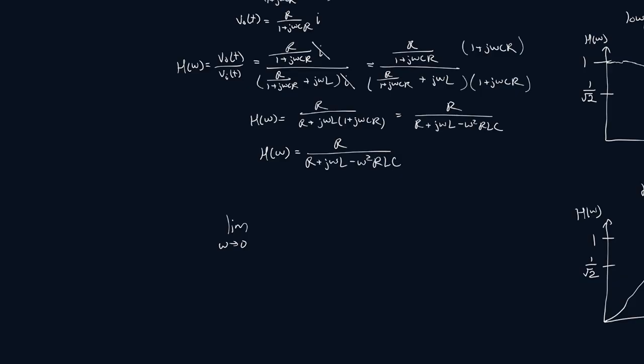Okay, so for H(w), that will be R over R plus, oh wait, sorry, we should not quickly do that yet. What we should first do is get the magnitude of this first. Okay, so to get the magnitude of H(w), we just get the magnitude of this first.